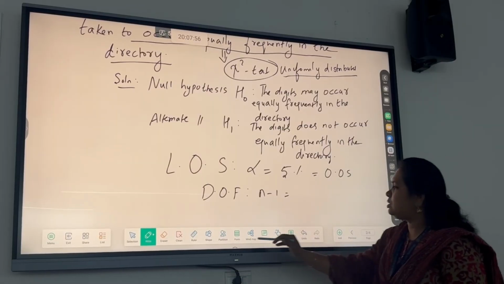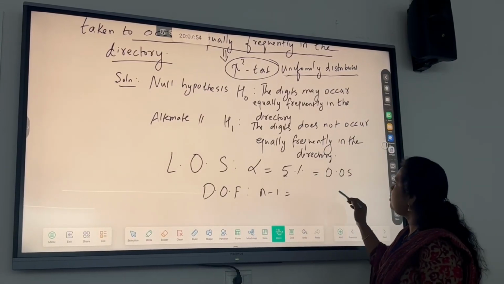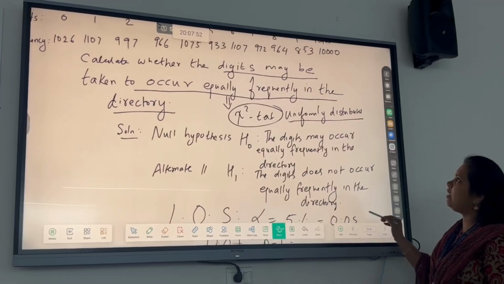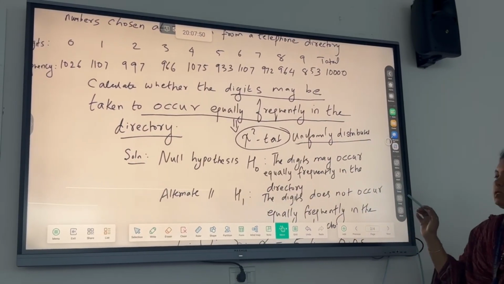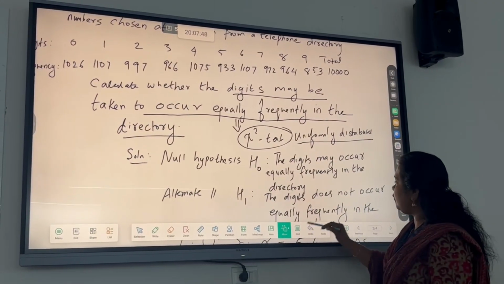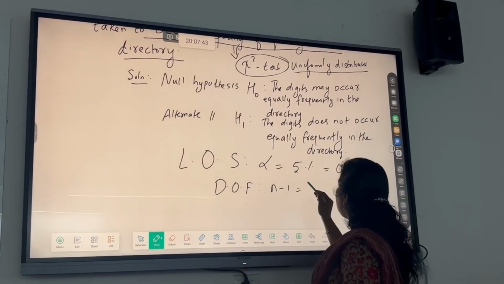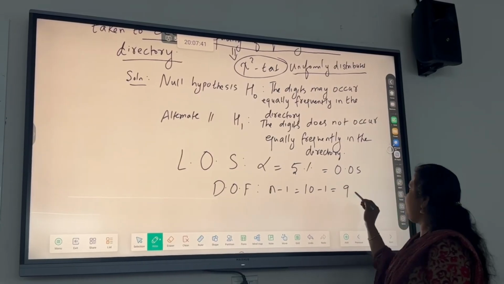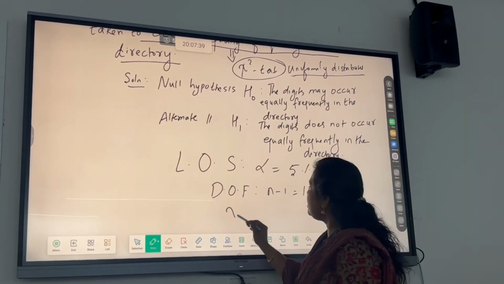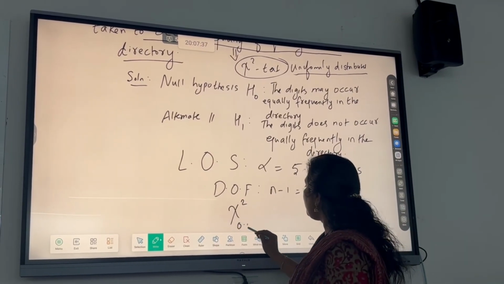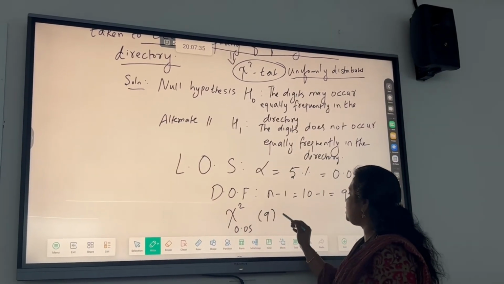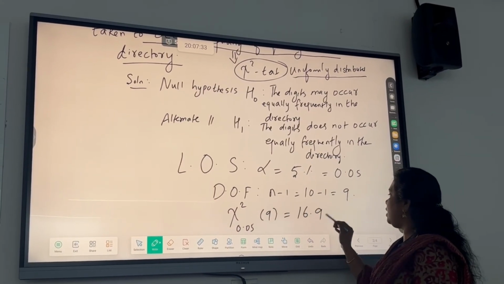Now here we have 10 digits, so it is 10 minus 1, which is 9. So chi-square 0.05 at 9 degrees of freedom is 16.99.